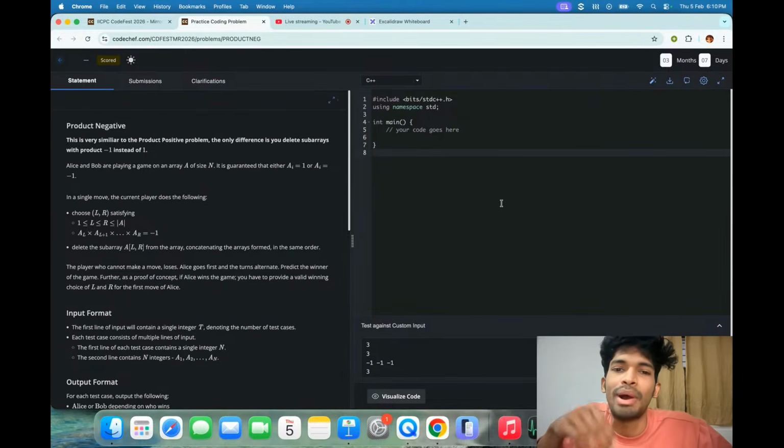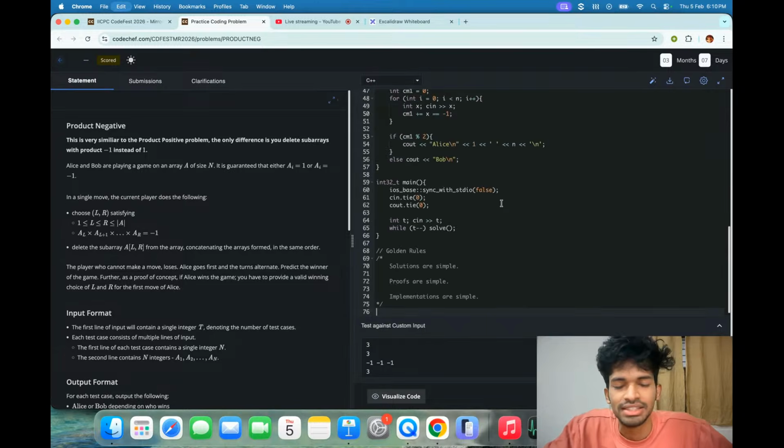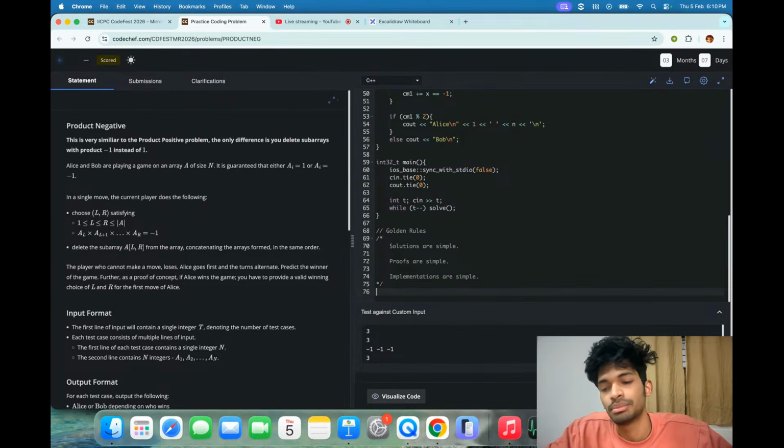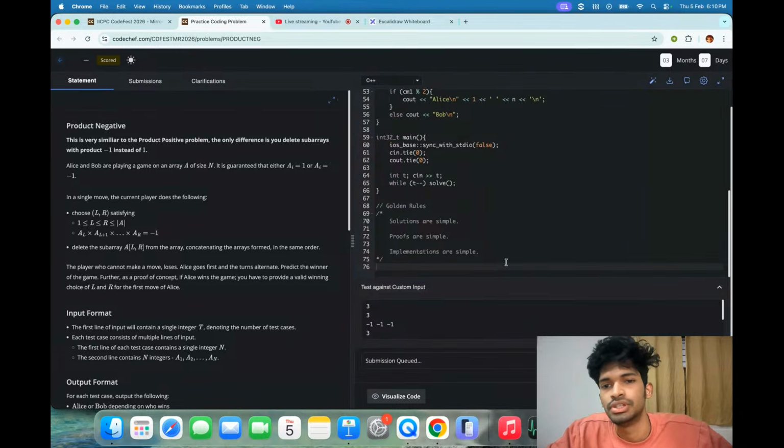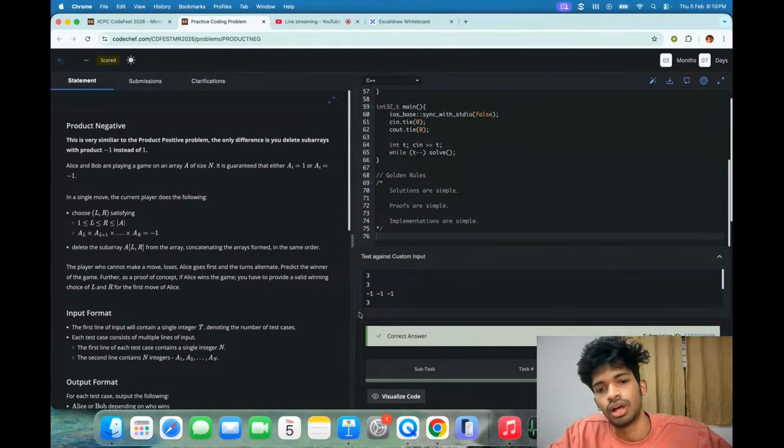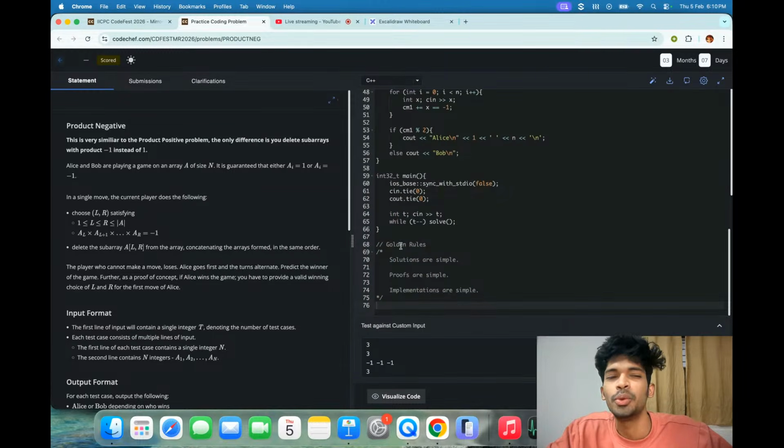Alice can even remove a single minus 1, and so on, but because every time Alice removes something, the game is very much forced. Bob will remove an odd number of minus ones, and then it will become odd again. And then Alice can remove even one thing, and then it will become odd again. So Alice can humiliate Bob a bit here. But we are choosing not to humiliate.